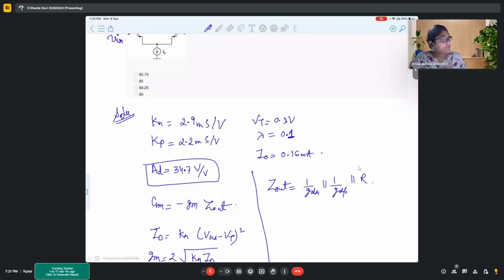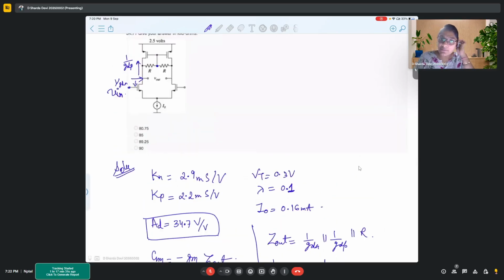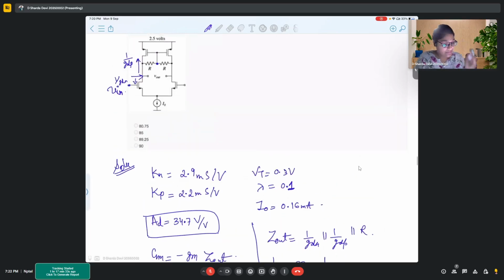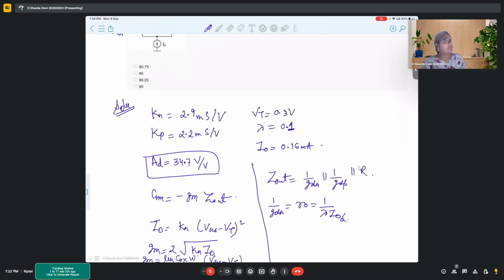Now lambda is given. From there, 1 by GDN is actually r naught, that is 1 by lambda I naught by 2, because the current flowing through this particular branch is half of I naught. That's why it should be I naught by 2. Similarly, 1 by GDP is r naught.